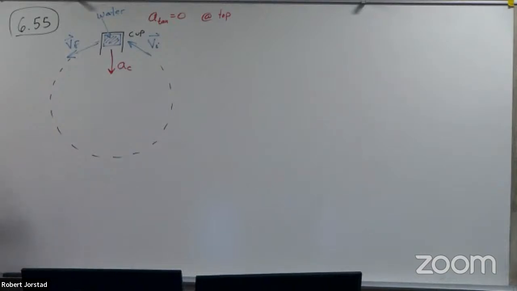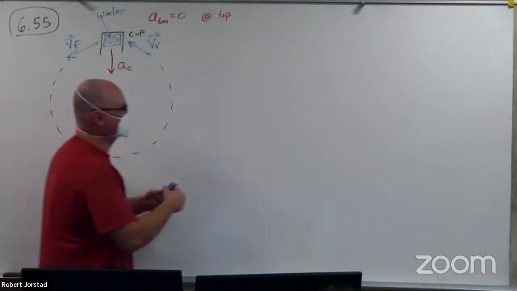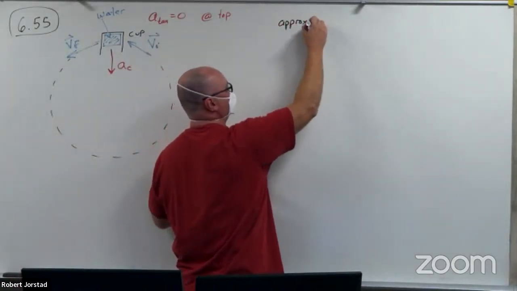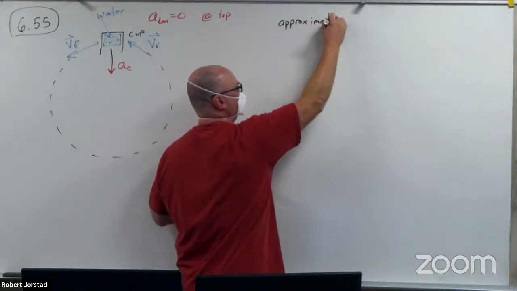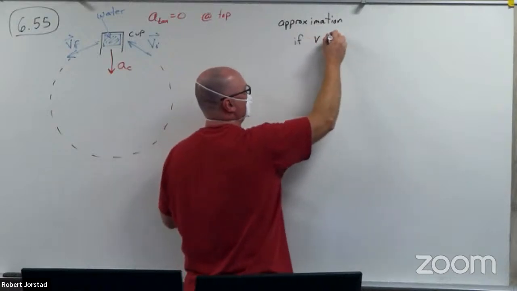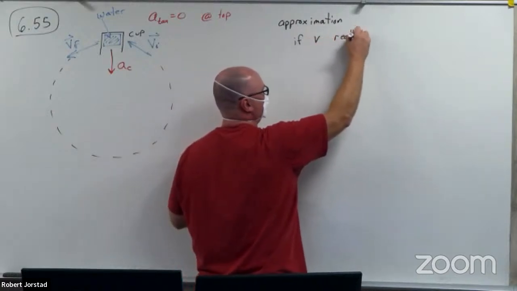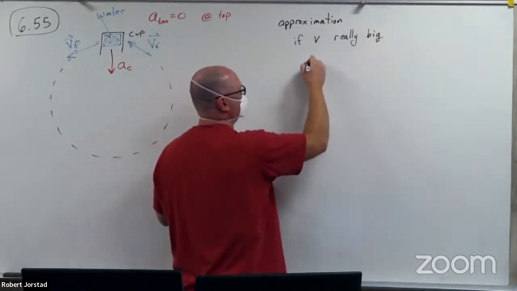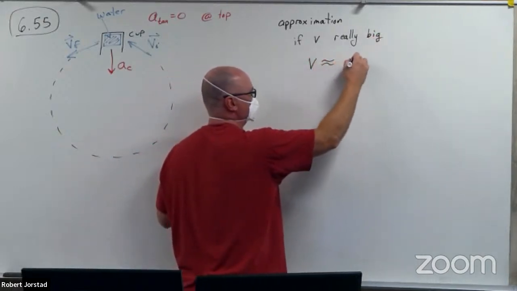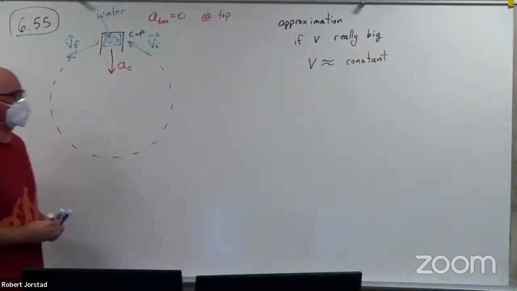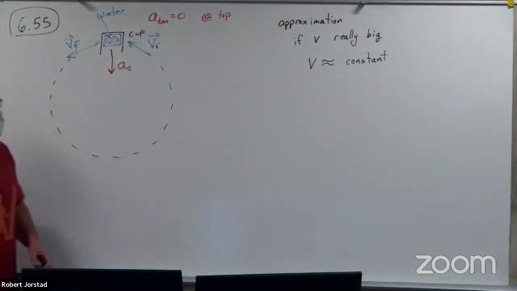Now I'm going to go even further on this problem. We're going to make an approximation just to get this problem done. I haven't told you how big really big is, but think about this.